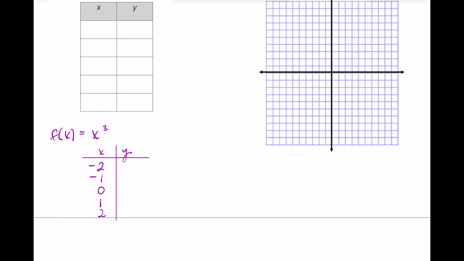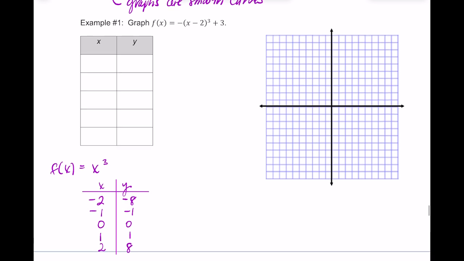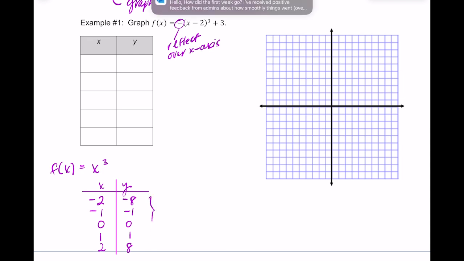So negative 2 to the third is negative 8. Negative 1 to the third is negative 1. 0 to the third, 1 to the third, 2 to the third. Now looking at this, as you know your transformations, the negative is going to reflect the figure over the x-axis, and to do that, we're going to multiply our y values by negative 1.